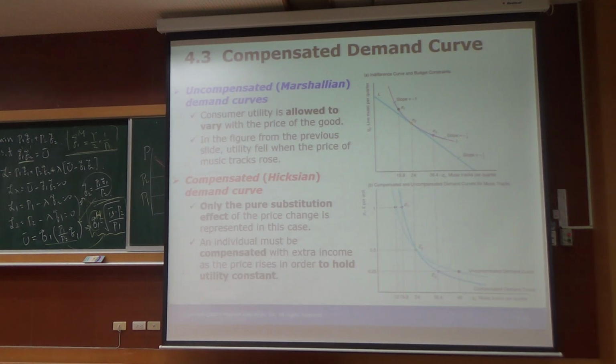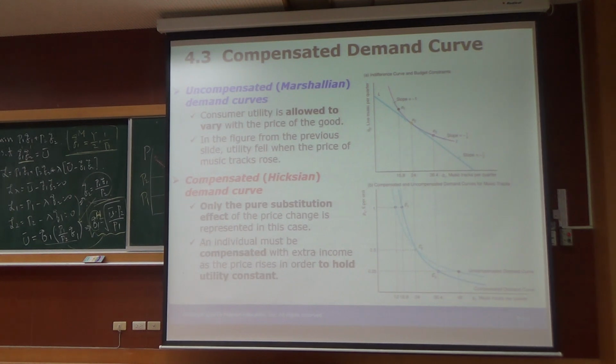Is that clear? So all you need to know is that the demand function, the demand curve we learned since our junior high school time, is actually something uncompensated. That is Marshallian.